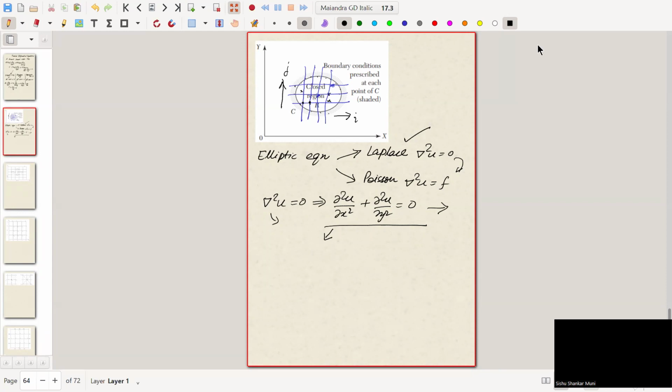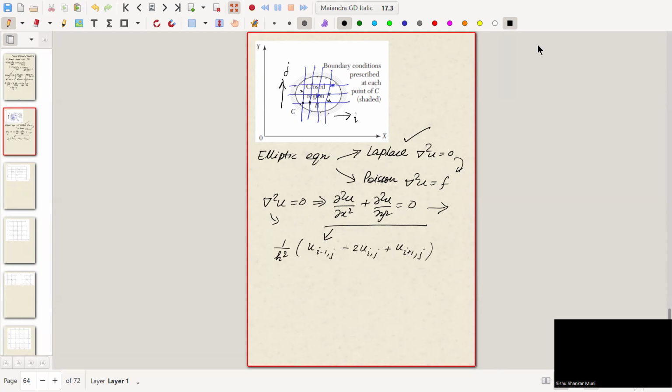Like we are taking a partial derivative with respect to x. It's most likely that your ith points will be varying. So how will it look? The j coordinate is always constant here, but the ith coordinate is changing.